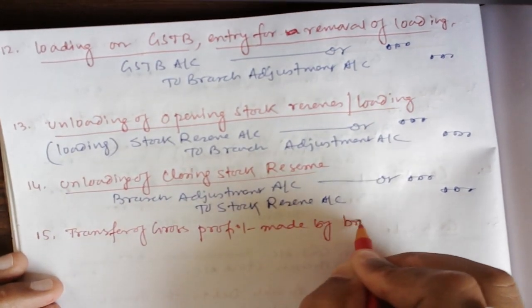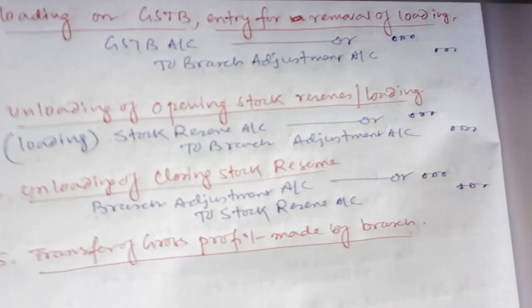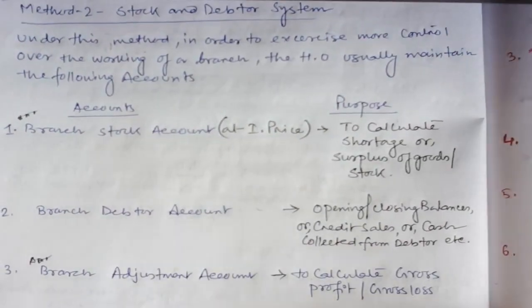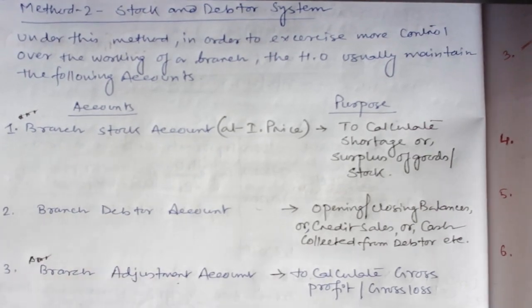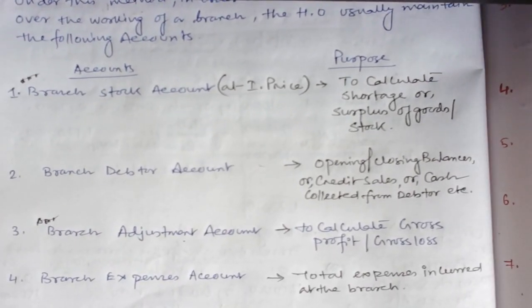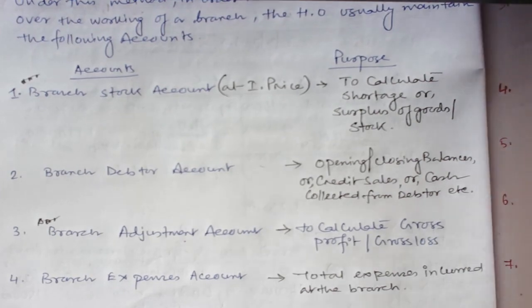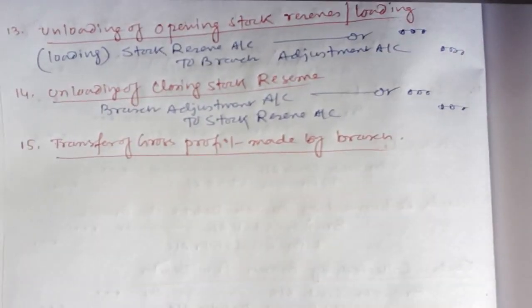See, when a profit has been made, what we discussed, sir. Now go back. From the branch adjustment account, we can easily calculate the gross profit or gross loss. So from the branch adjustment, we are going to calculate the gross profit or loss, and those profits are going to be transferred, obviously, to the branch P&L.